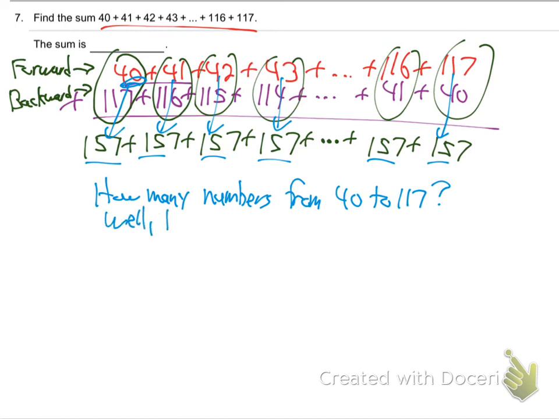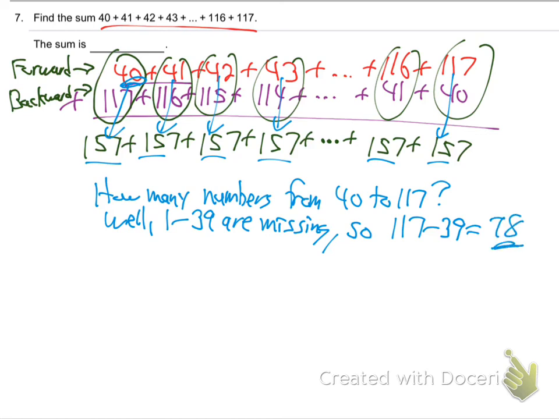Well, 1 to 39 are missing, aren't they? So 117 minus 39, I can't really do that one without a calculator. 117 minus 39, I'm getting 78. There must be 78 numbers there because it goes all the way to 117, but it's missing 1 through 39. So take away 39 numbers from 117, and you get 78 numbers.